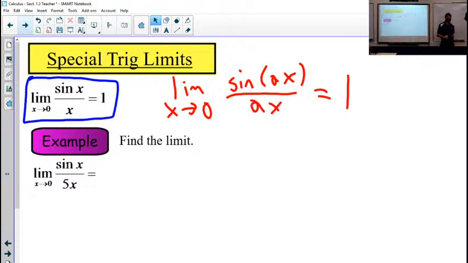And if I have time, maybe tomorrow I'll prove that this has to be the limit so you can see how it works.